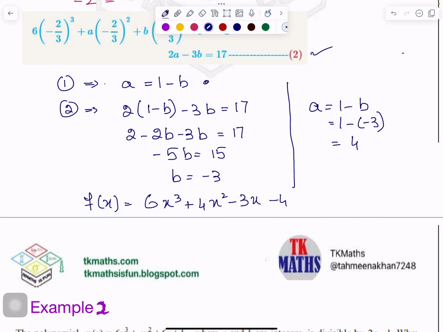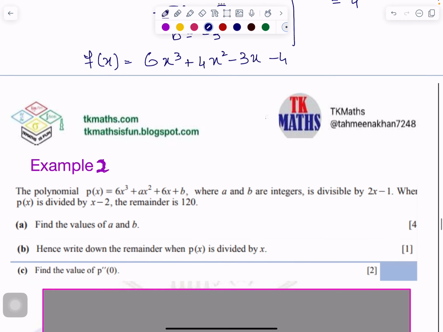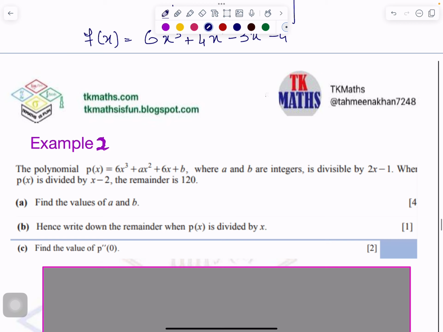Right. Now this second question has 3 parts. The first part is exactly what I have done so far. Divisible means this is a factor. Sometimes the word divisible is used and sometimes the word factor is used. So this is very clear. The first condition will be that you take x equals half, because if you put it equal to 0, you get the value x equals half. So this thing equals 0.